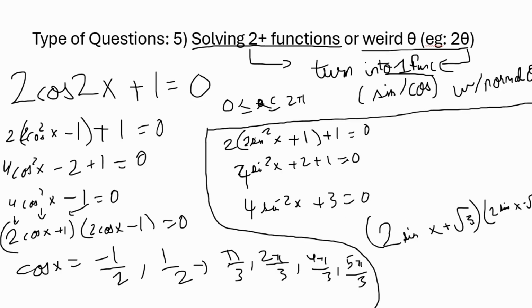That's the same thing here, except 3 doesn't have a perfect root. So now sine x is going to be positive root 3 over 2 and then negative root 3 over 2, and it's gonna give you the same answers. Okay, and that's it for trig part 1, for solving trig, algebra trig.